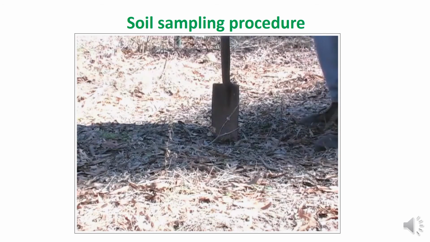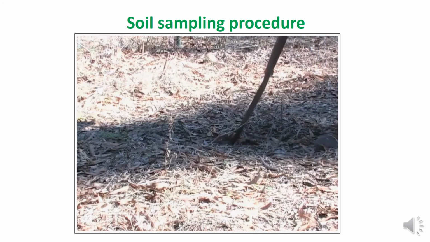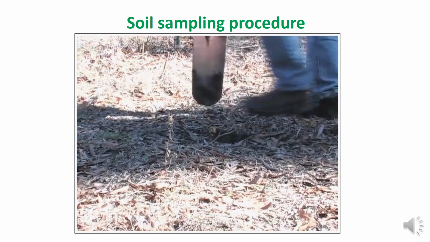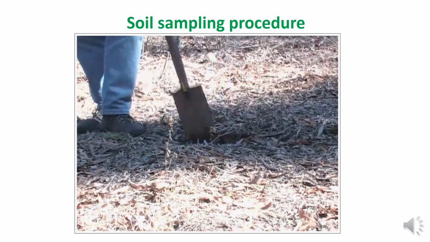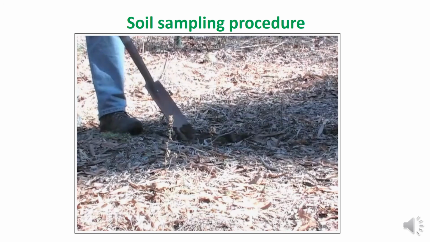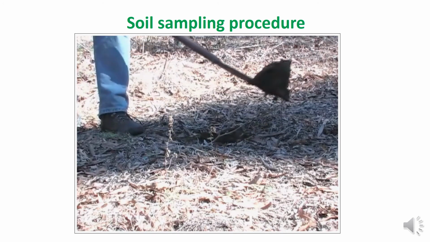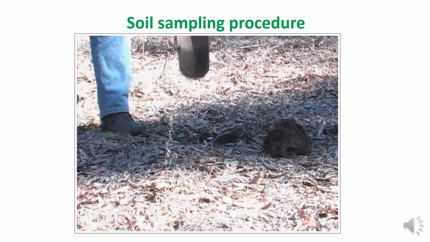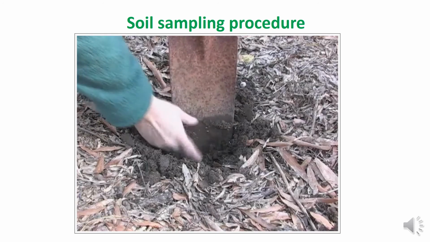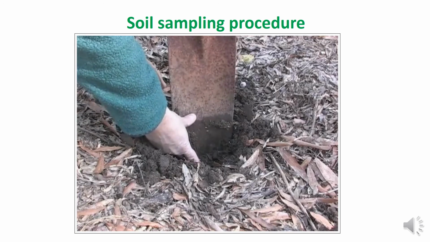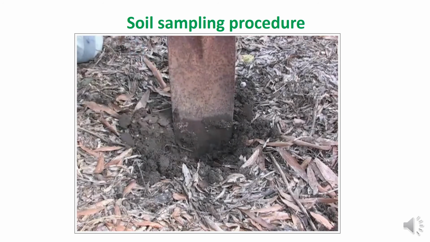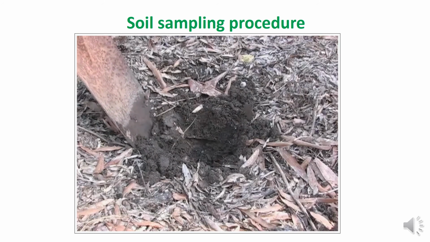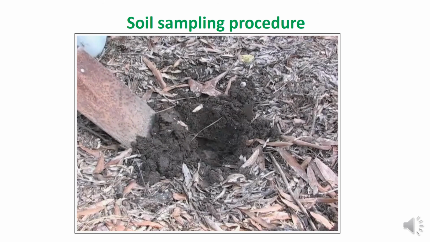This video demonstration is about how we can collect a soil sample from a field. If we don't have an auger, we can use a spade, digging a V-shaped hole. A V-shaped hole has been dug up to 15 to 20 centimeter deep.